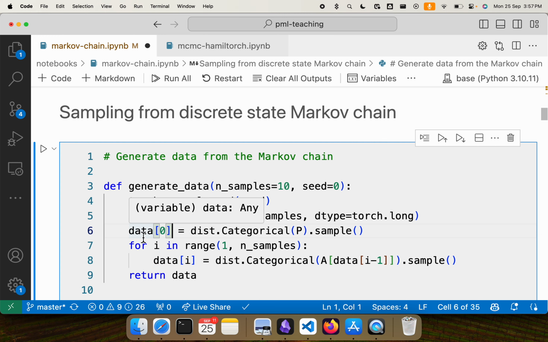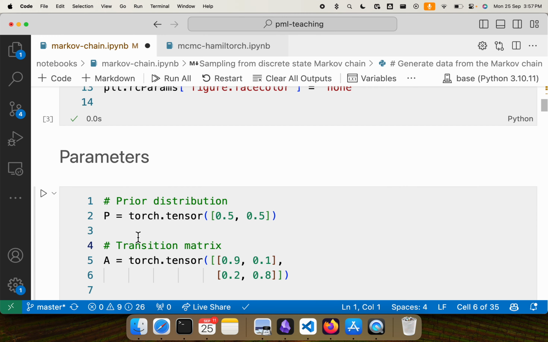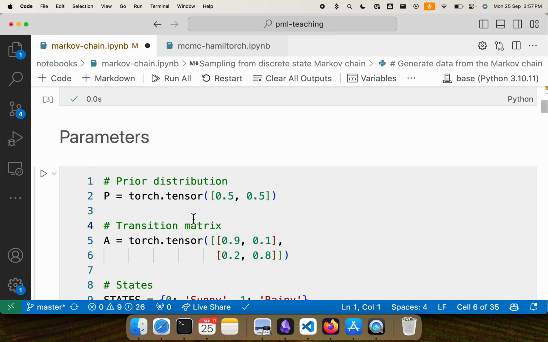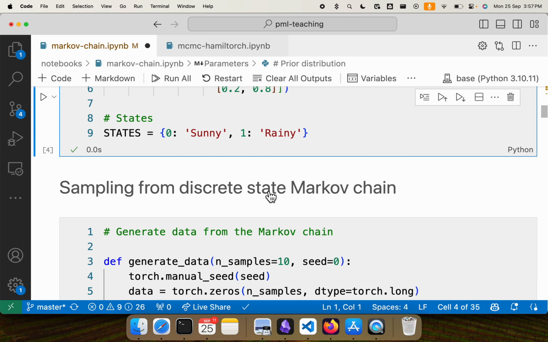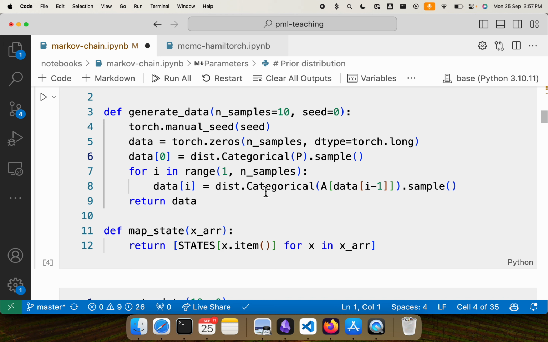Now if it is sunny, I will look at the transition probability, the row corresponding to sunny, and this is the row corresponding to rainy. If it's sunny, then my data of 1 is also going to be sunny with 90% probability and rainy with 10% probability. So I need some way to encode this, which is looking up into that table.